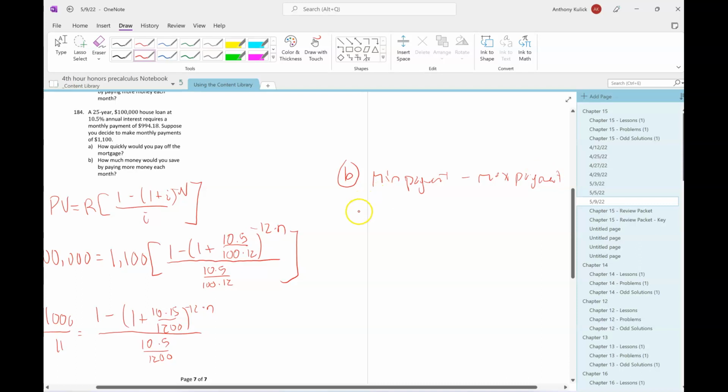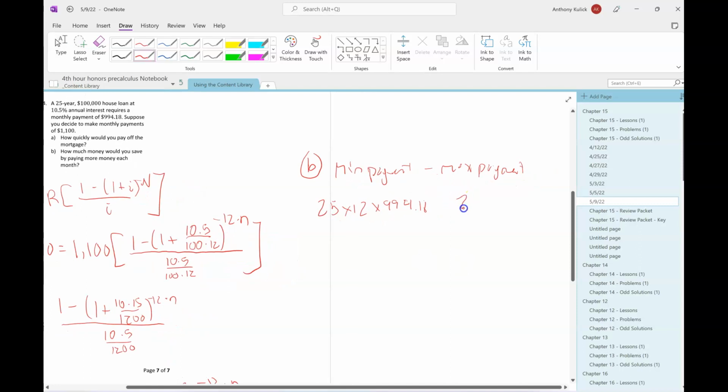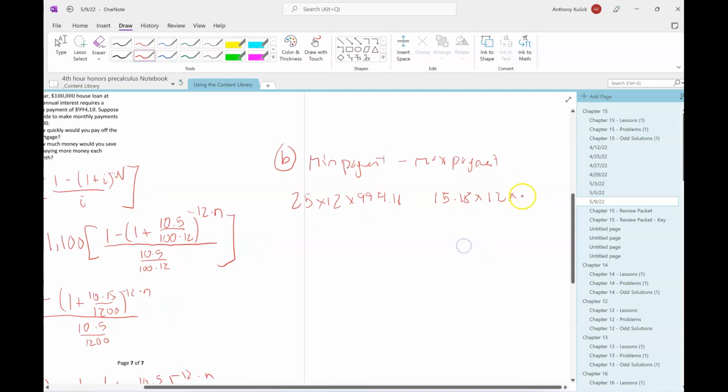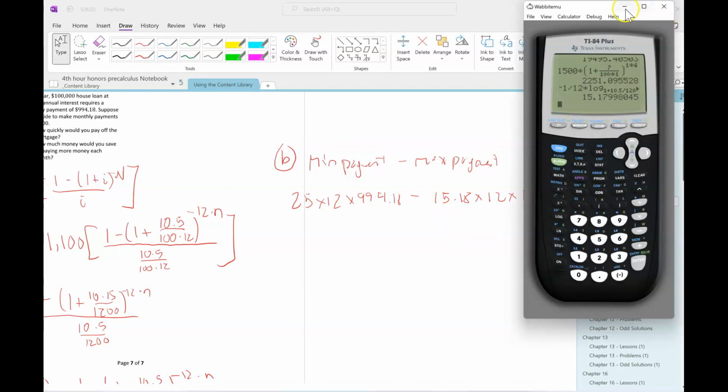So the minimum payment, we're paying for 25 years, 12 times a year, we're paying $994.18. And the larger payment, we're making 15.18 years times 12 times 1,100. And whatever that difference is, I think should be what we save. It's probably kind of a lot.